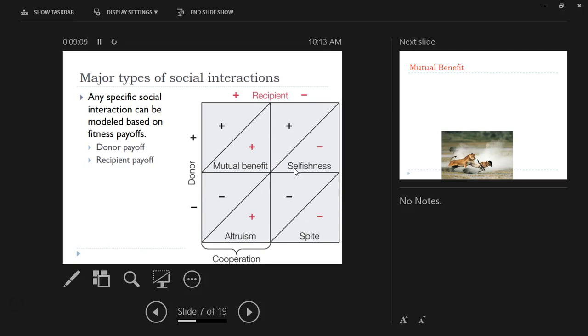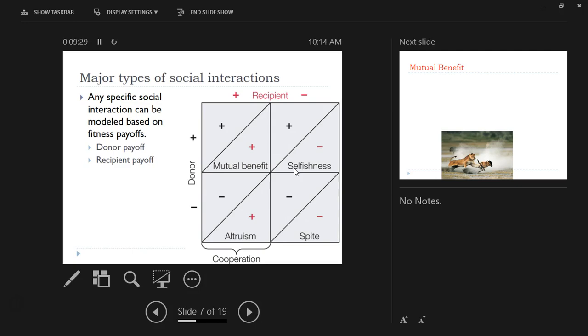What they're trying to do in this figure is divide it into four sections. Each section is different based on whether the donor is benefiting or suffering a cost, and also whether the recipient is benefiting or suffering a cost.